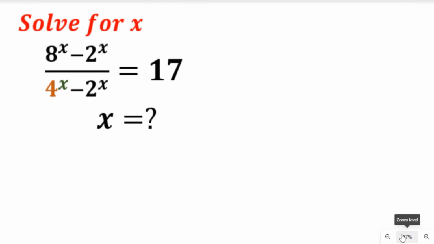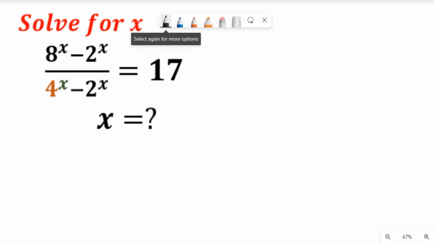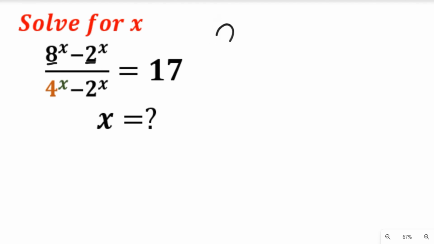To solve this question, we are going to start by factoring the equation. From the equation, we find that there are factors that are higher, like 8 and 4, and we factor them out. From the two values, we find that 2 to the power of x is common.